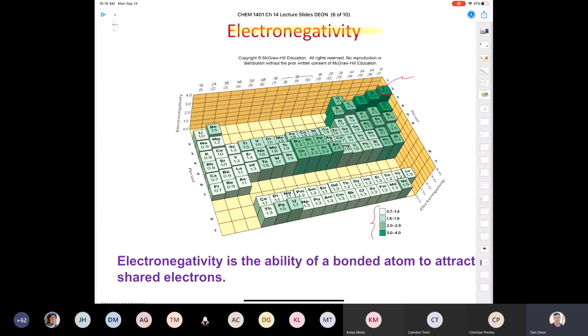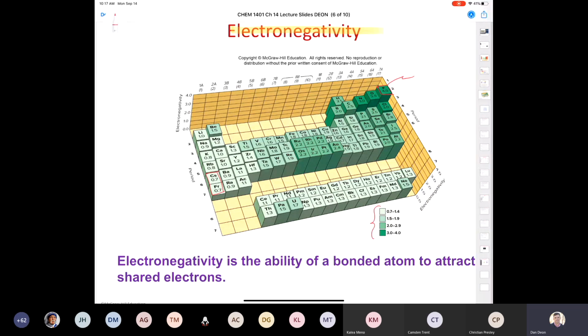Electronegativity, it says here, is the ability of a bonded atom to attract shared electrons. So it's the ability of a bonded atom to pull electrons towards itself. Fluorine has the greatest ability to pull electrons towards itself. You can see here cesium and francium have the lowest ability to pull electrons towards themselves.